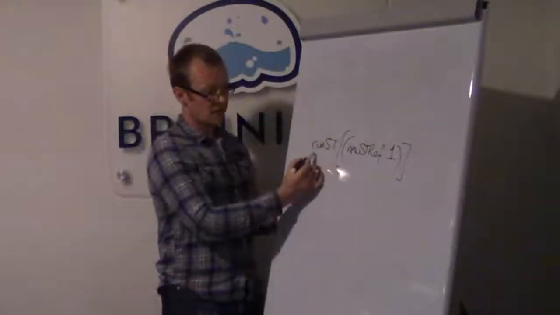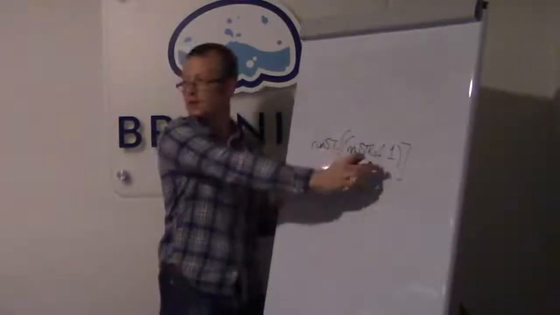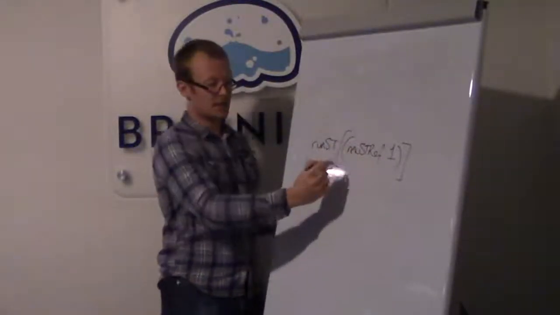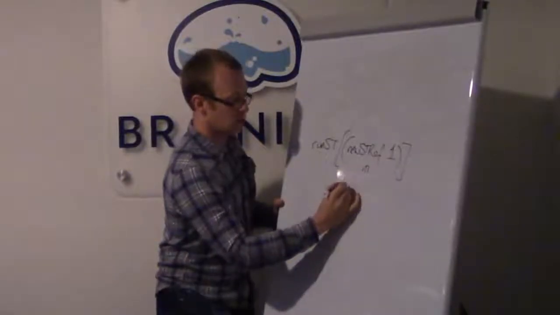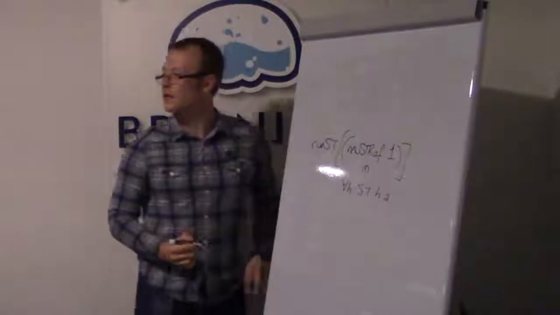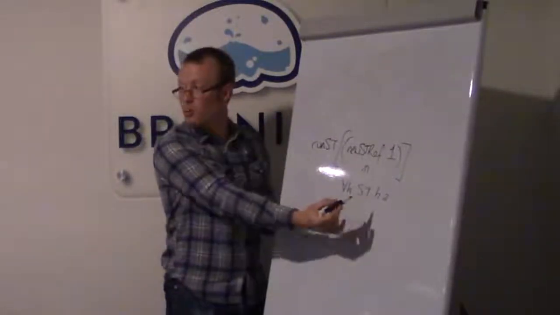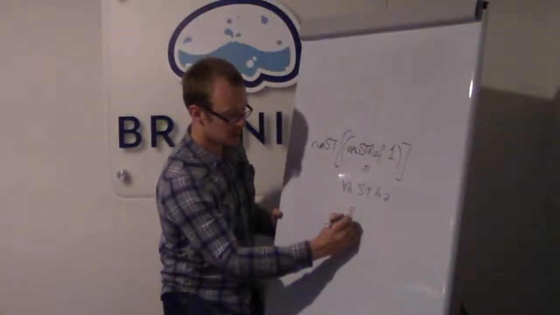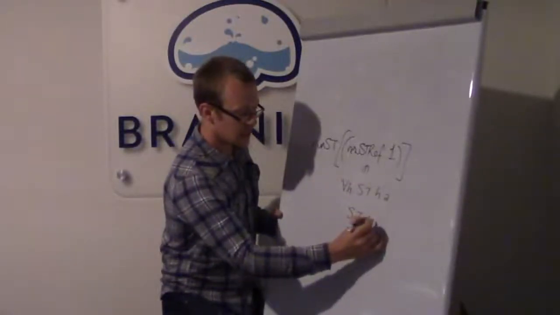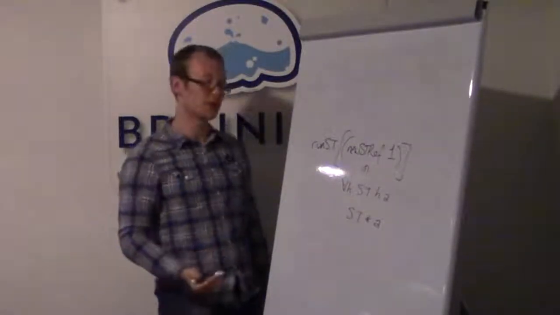So I have to check. So when I'm checking this, I get into checking mode here, right? Because I applied a function to this thing. So I check that this has type for all h. ST h a. Okay. So I'm checking something against a polymorphic type. I have to skolemize it, right? So I say check that it has type ST star a, where star is a new skolem constant.